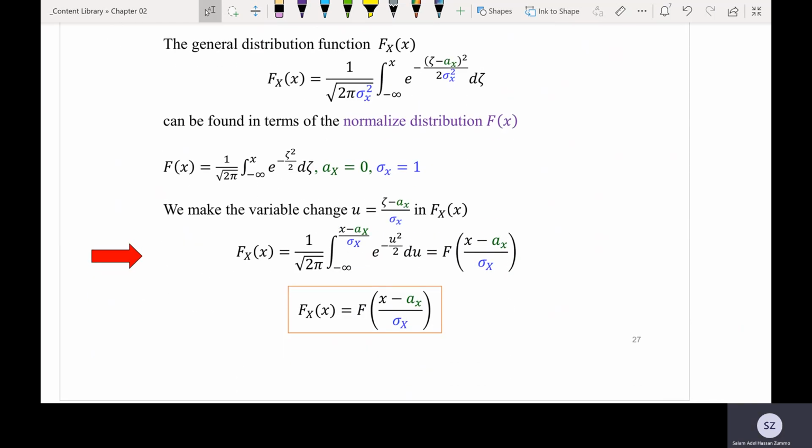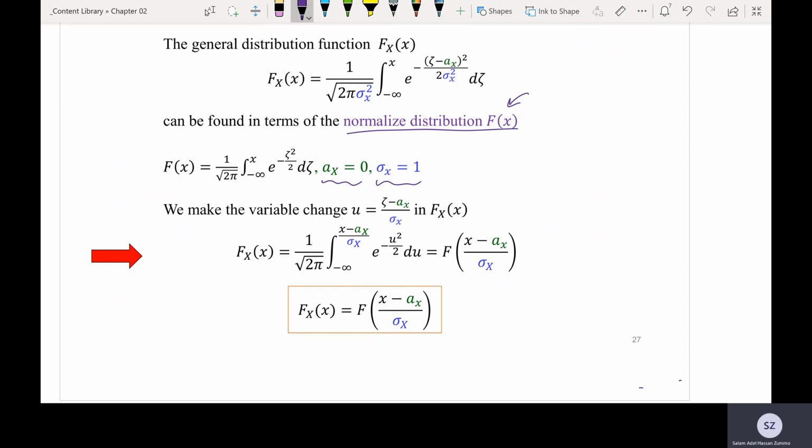This basically explains the concept here. So in order to solve this, we define what we call the normalized Gaussian distribution. What is the normalized Gaussian distribution? We define for it f_X(x), and normalized means it has an average of 0 and a variance of 1.